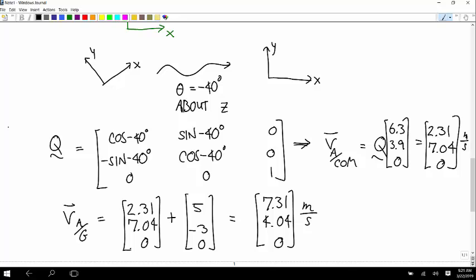The velocity of the point C, you do it the same way. But a key thing to realize here, and this is sort of a key part of understanding the motion of rigid bodies, is that any translational quantity is different at different points on the body in general.